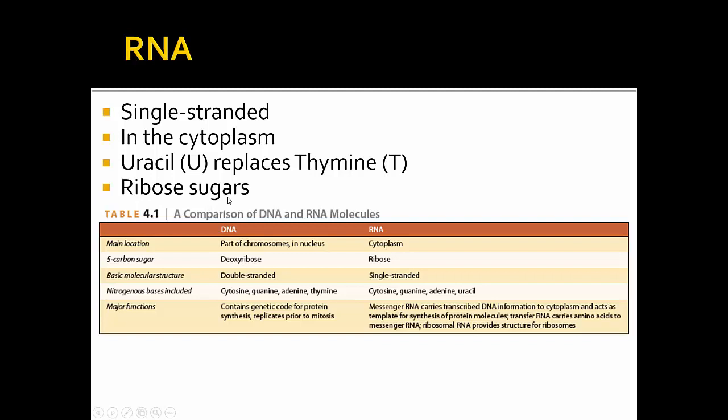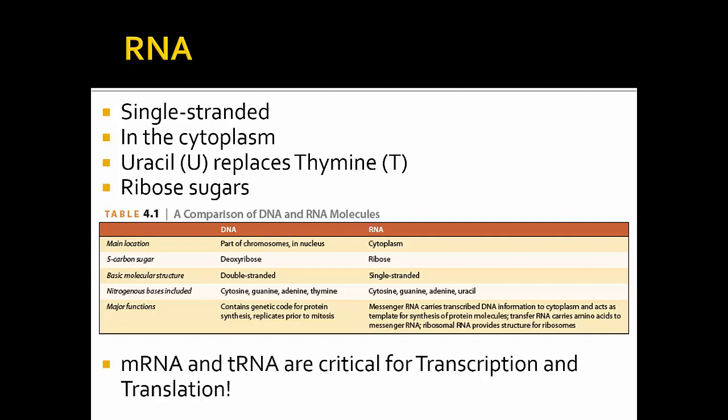That's why it's RNA instead of DNA. And it can also be found in the cytoplasm, while DNA resides only in the nucleus. RNA can go back and forth. mRNA and tRNA, those are two subtypes of RNA, are absolutely critical for transcription and translation. So we'll talk about them more in the next lecture.